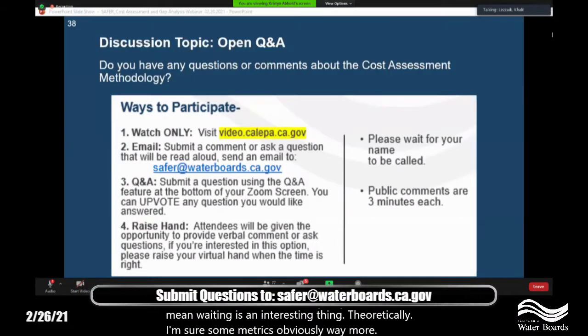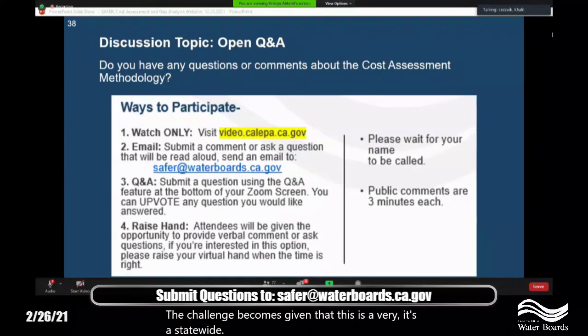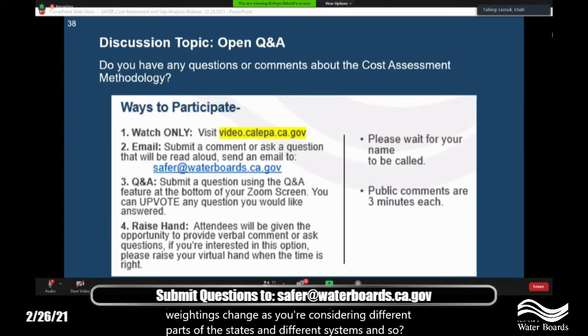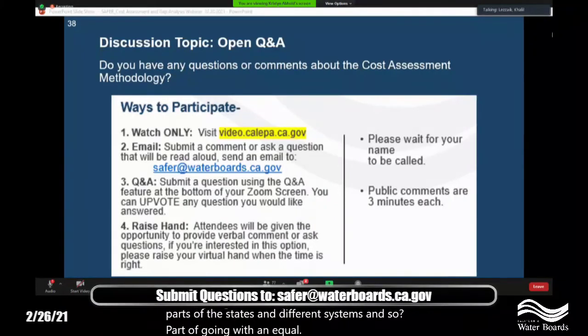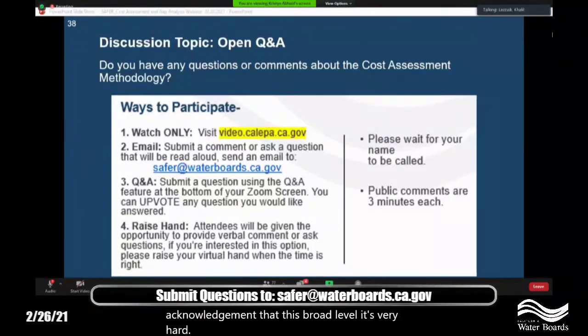The challenge becomes, given that this is a statewide assessment, it's very broad level and not very specific. It becomes an issue: how do these weightings change as you're considering different parts of the state and different systems? Part of going with an equal weighting is the acknowledgement that at this broad level, it's very hard to accurately represent those weights.